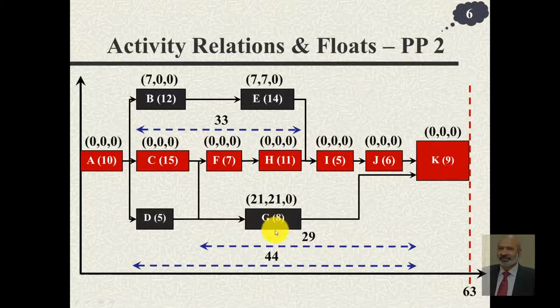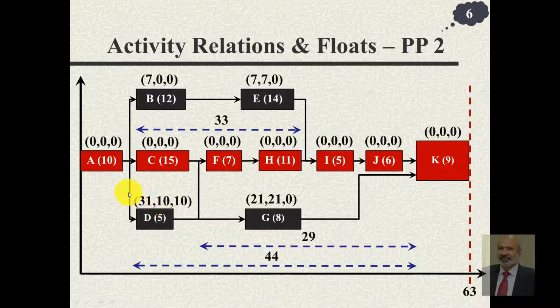So if we subtract 13 from 44, we get 31. So total float available to D is 31. But out of this 31, G can possibly avail 21 days of delay. So subtracting this 21 from 31, D has a free float of 10.